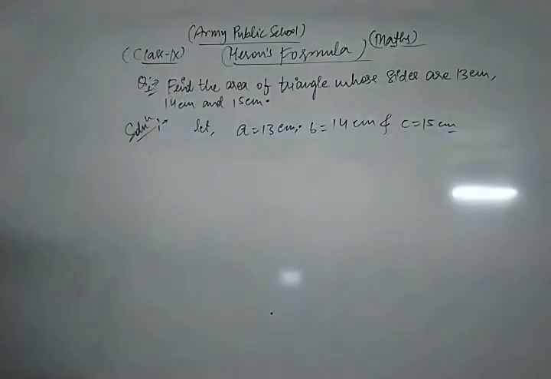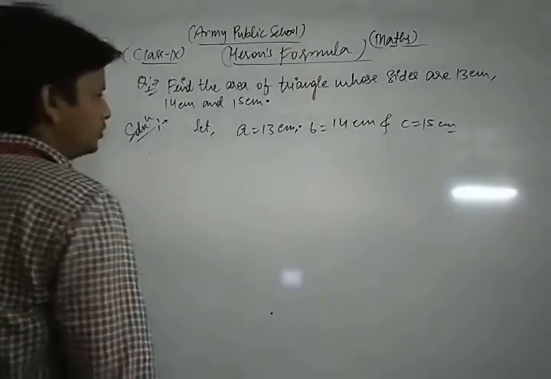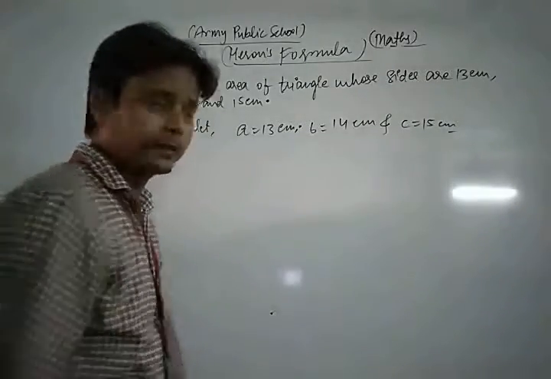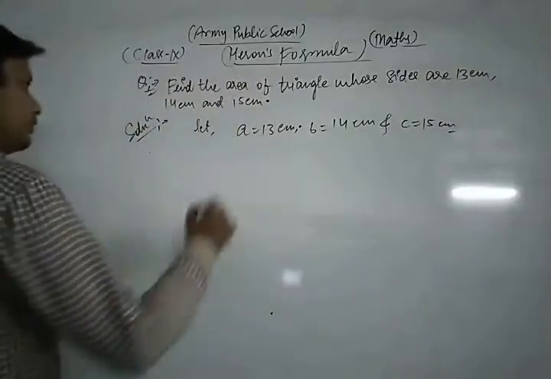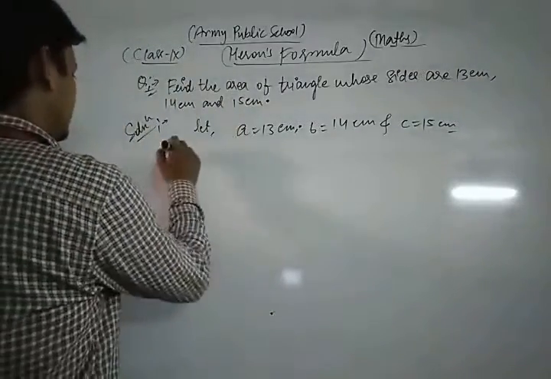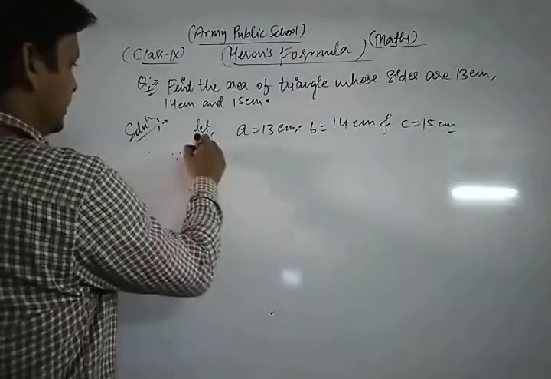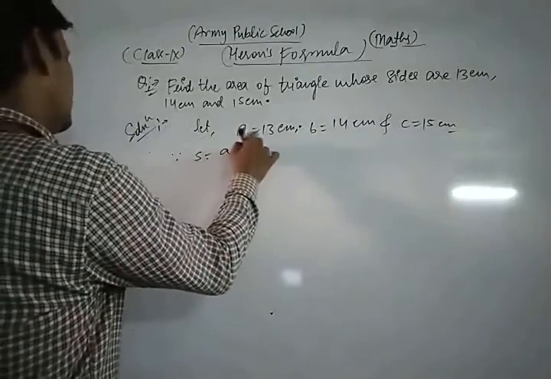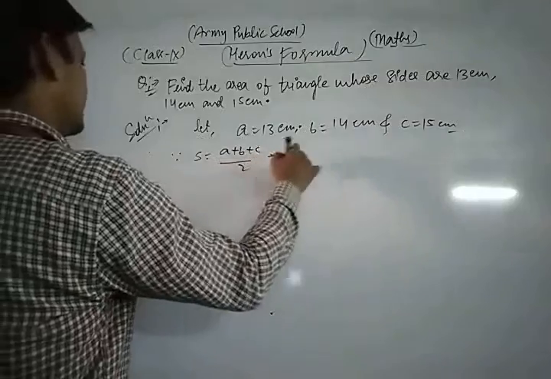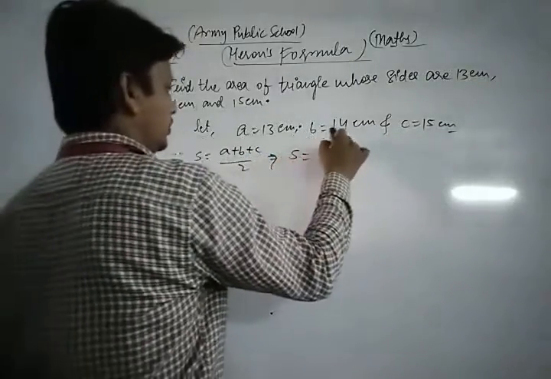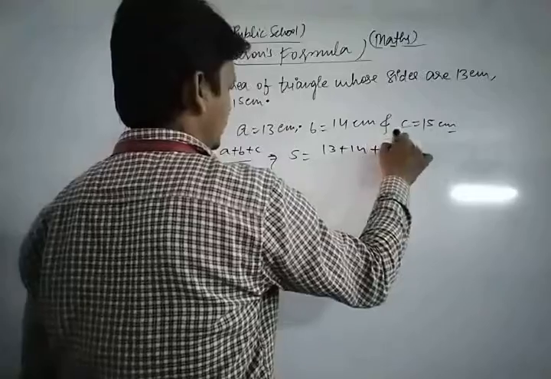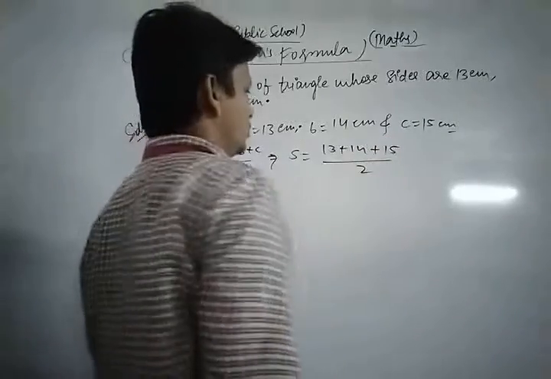Dear students, now what do we do for that? First of all we find the semi-perimeter. Since the semi-perimeter is A plus B plus C upon 2, S is equal to 13 plus 14 plus 15 upon 2.